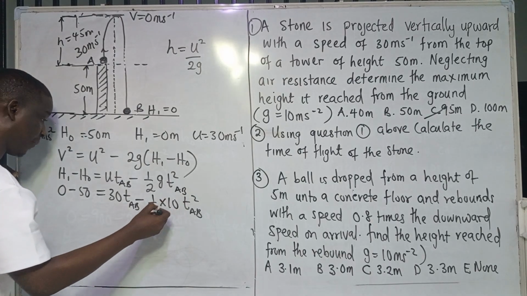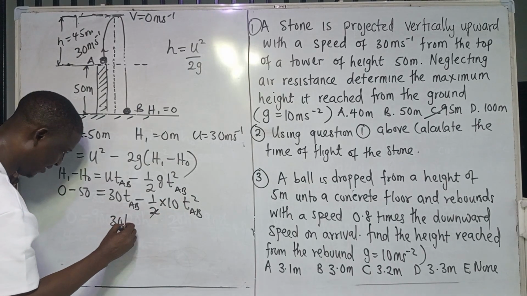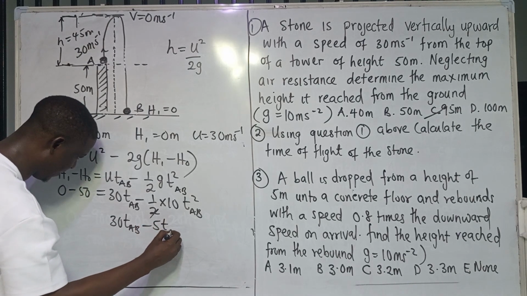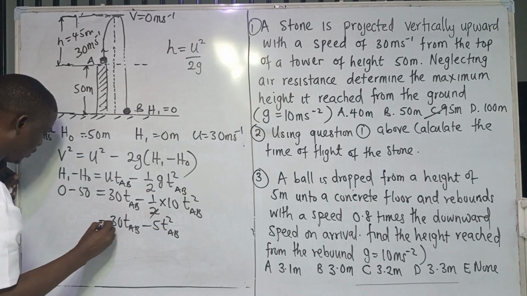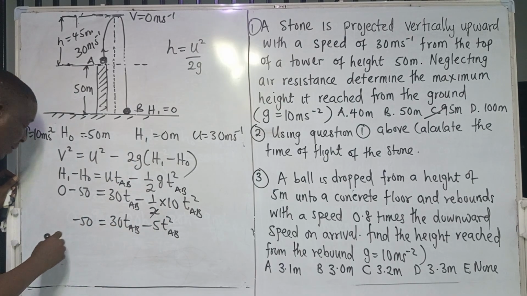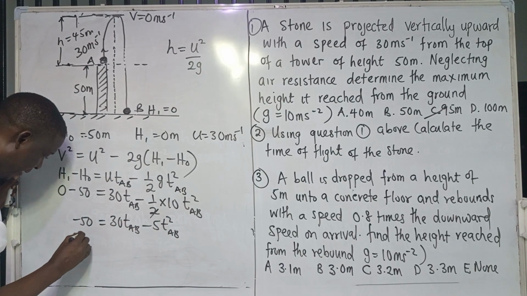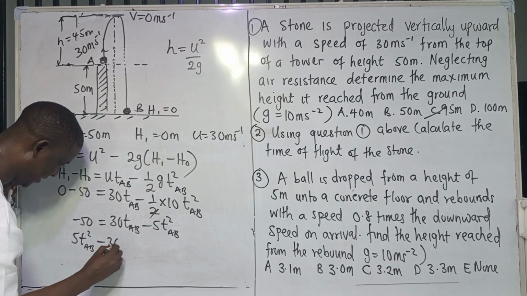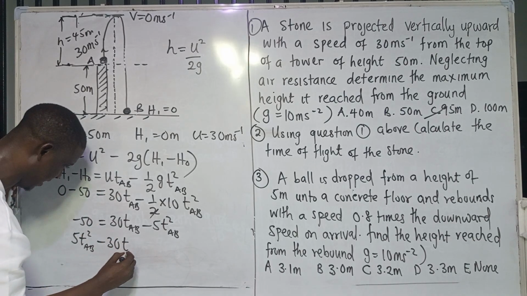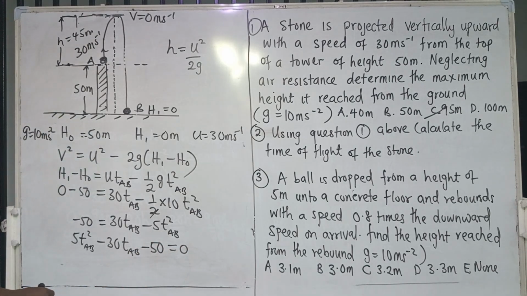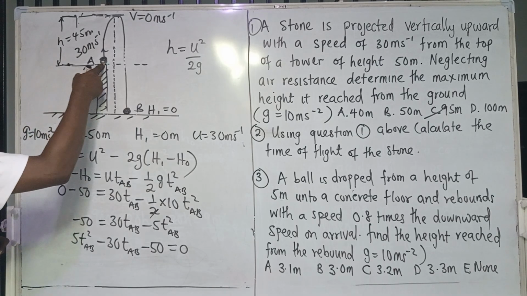This one will give us 5. So 30 T_AB minus 5 T_AB squared is equal to minus 50. Let's bring it here: 5 T_AB squared minus 30 T_AB, then minus 50, is equal to 0. If you solve this, what do we have for the time from A to B?